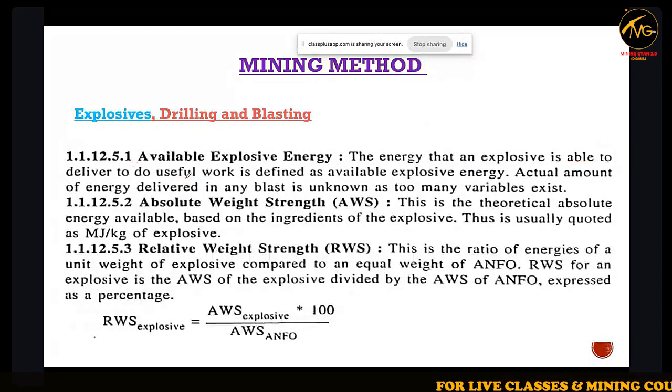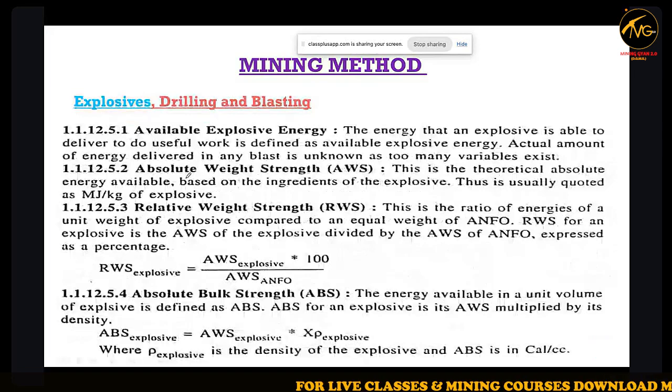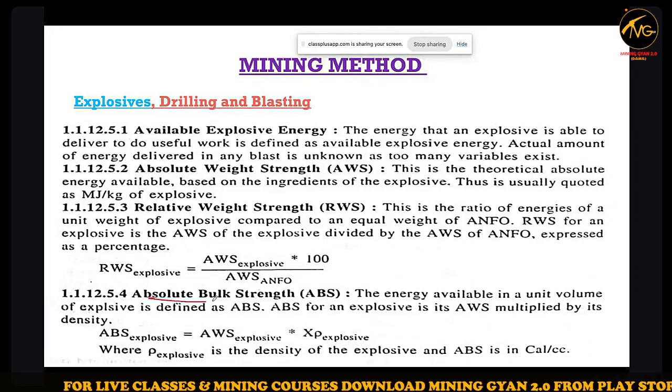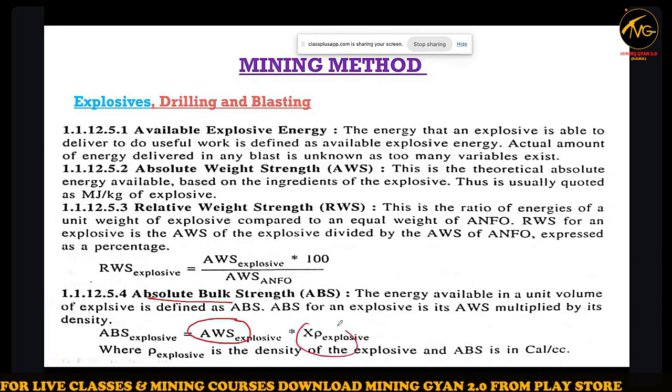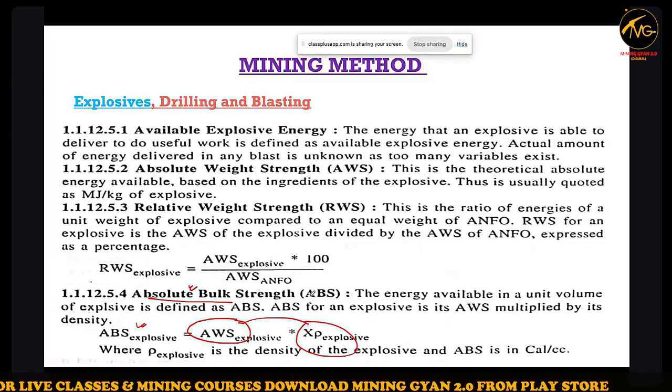Absolute weight strength, relative weight strength. देखो यार ये चीजें if they ask in the question, I will discuss it later. I don't think they will ask on this. जैसे absolute bulk strength क्या होता है? If we multiply AWS with its density, then we get ABS, मतलब absolute bulk strength.